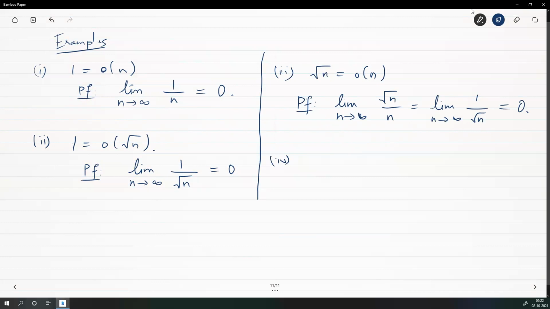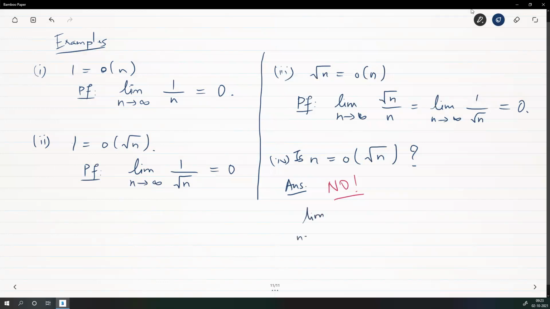Now, can you show that n, so question once again, just as we did last time, is n little o of square root n? What do you think? Most probably no, right? Because you are computing this limit and you have already seen what the limit is. In fact, for little o, the proof in this case is much easier. You just have to say the answer is no. And the reason is, just look at the limit.